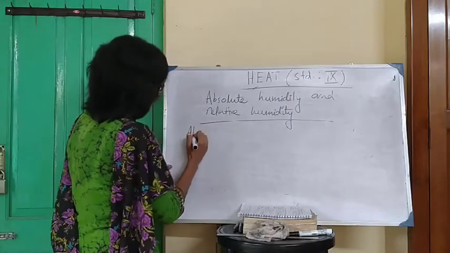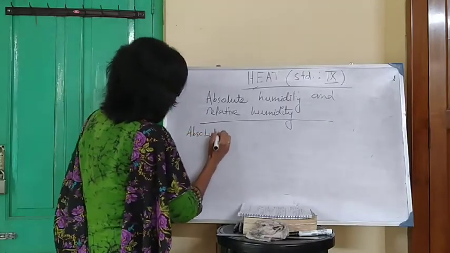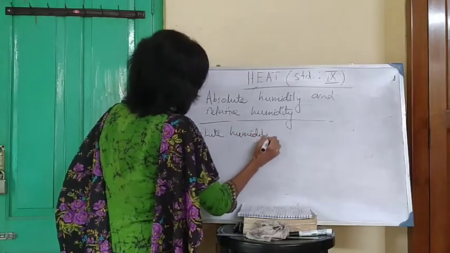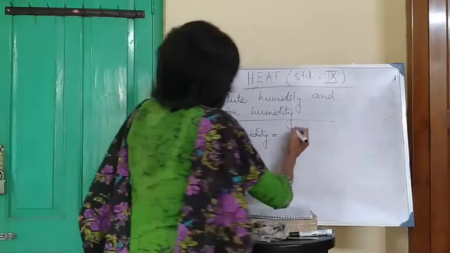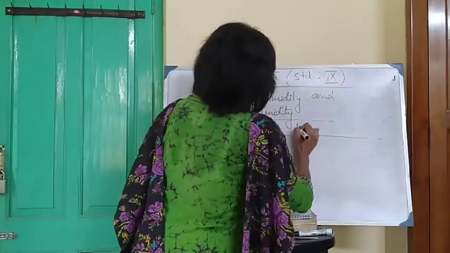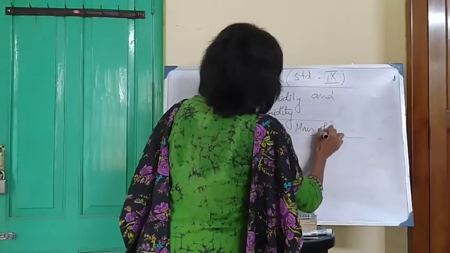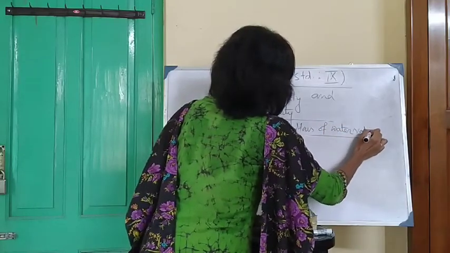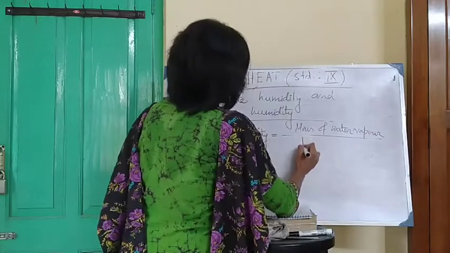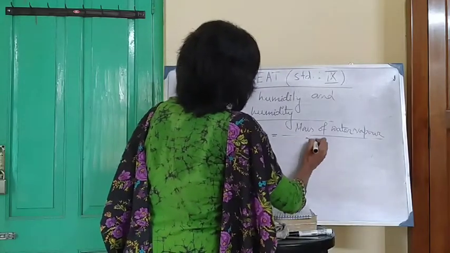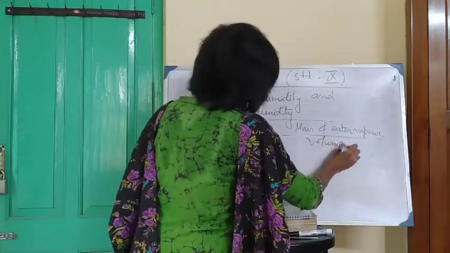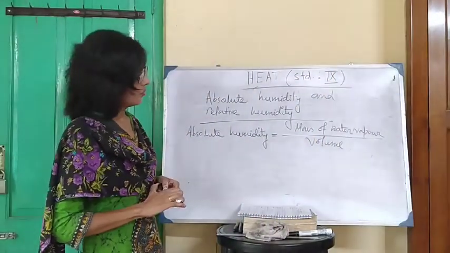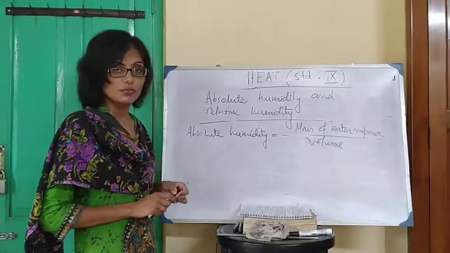Absolute humidity definition: mass of water vapor per unit volume. Mass of water vapor per unit volume is called absolute humidity.